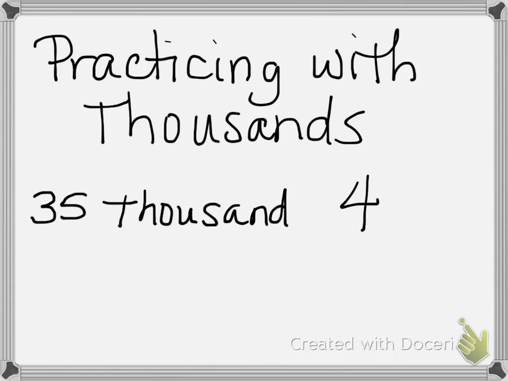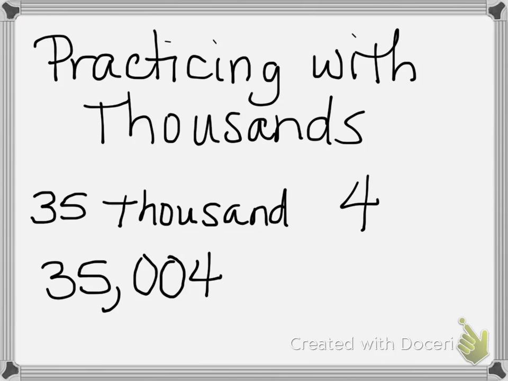So how do we write that number? Well, 35,000, we can write 35 with a comma, and then we have to write 4 with the rest of the three digits. There aren't any hundreds, there aren't any tens, so it's 4 ones. That would be the way you write that number.